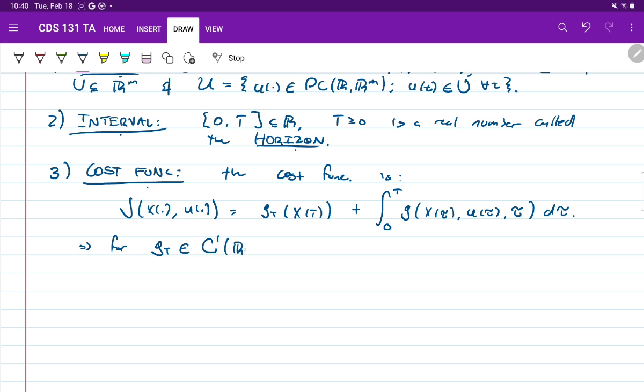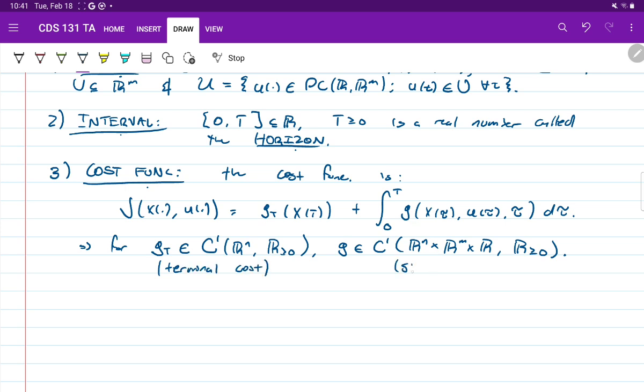It's going to go from Rn into R greater than or equal to 0, and then g will be continuously differentiable, C1, going from Rn for my state, cross Rm for my input, cross R for my time, into R greater than or equal to 0. Okay? So these are once again called the terminal cost and the stage cost terms.